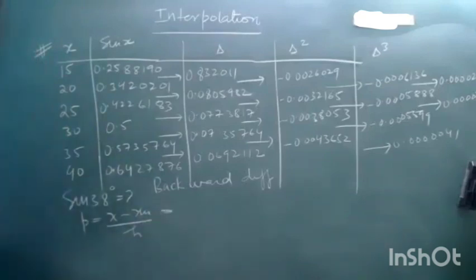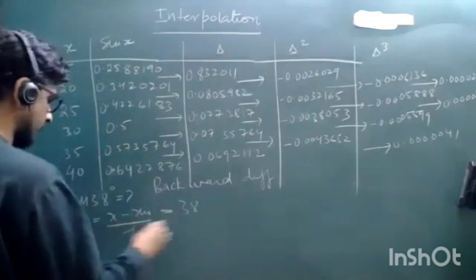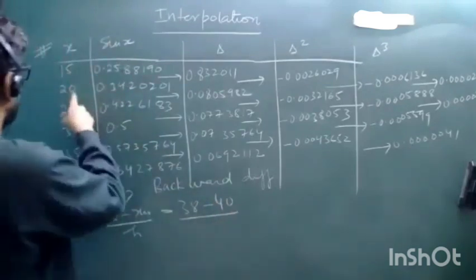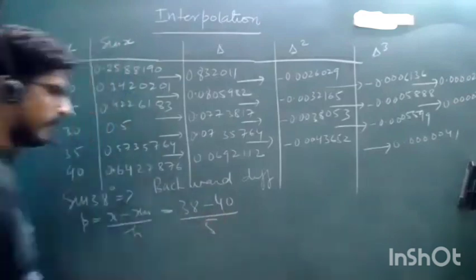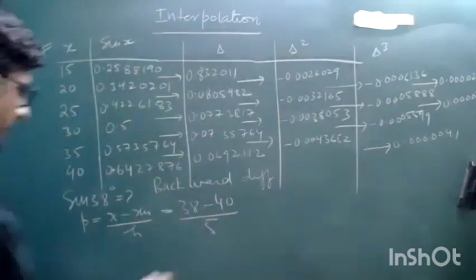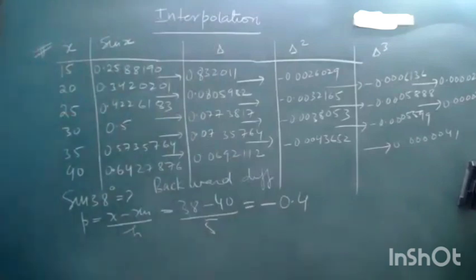So that will be 38 minus 40 over h. What is the value of h? 5. Correct? So you will get the value minus 0.4. Please see this. This is the value of P.